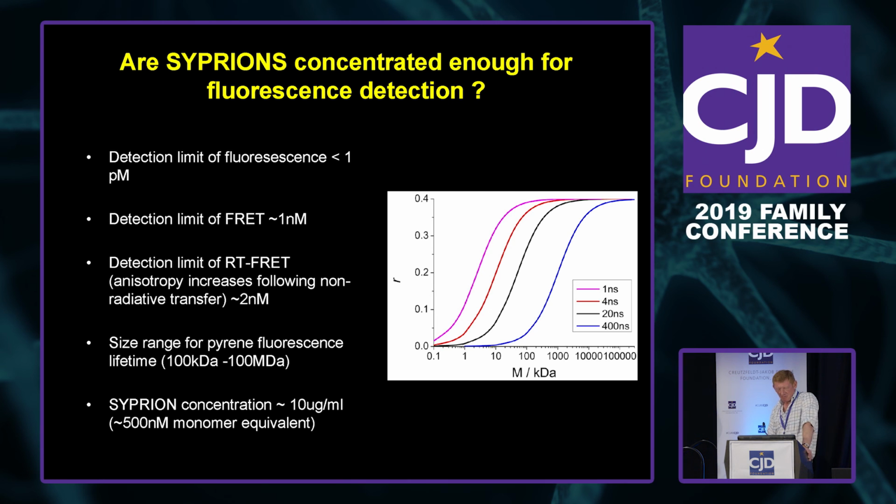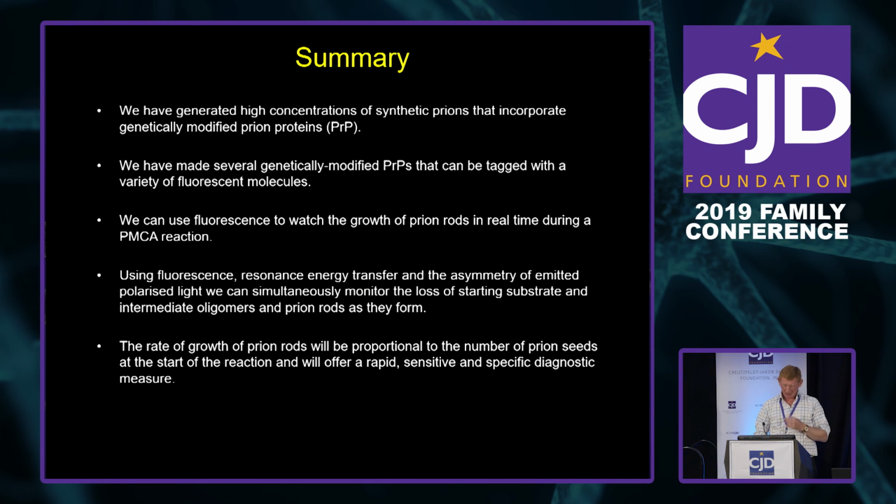However, the concentrations of synthetic prions we're getting up towards are about 500 nanomolar, so we are 100-fold over the concentration we need to be able to do these things. I'm not presenting any data on having done it, because obviously it's early days. We're here just 3 months after starting this, but we'll be able to update you in due course.